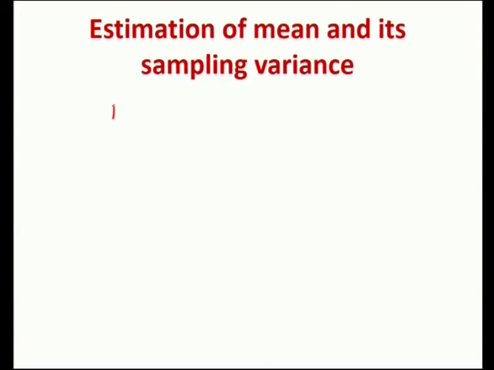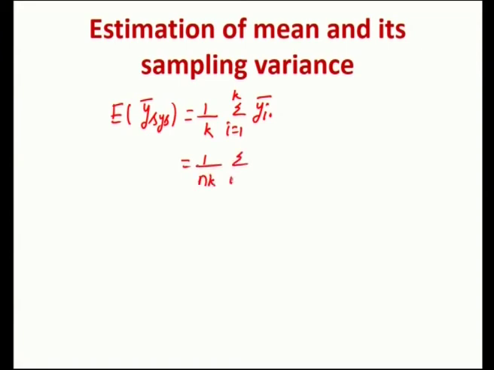Now, we will see the estimation of mean and its sampling variance. We derive the estimation of the mean and its sampling variance in systematic sampling. The expectation of y bar in systematic sampling is equal to 1 by k summation of y i dot bar, i ranging from 1 to k, and this is equal to 1 by nk summation over i, summation over j of y ij, which is equal to the population mean, capital Y bar.